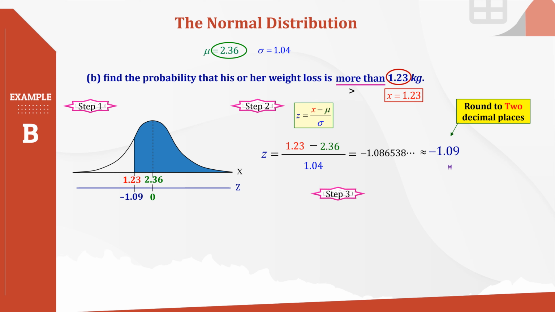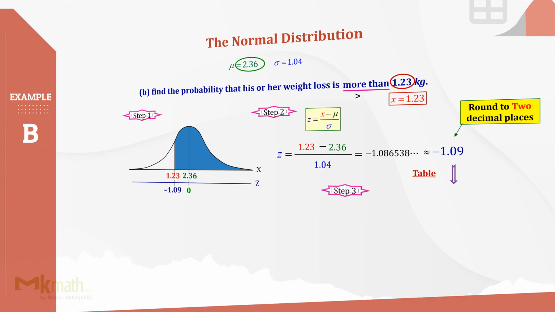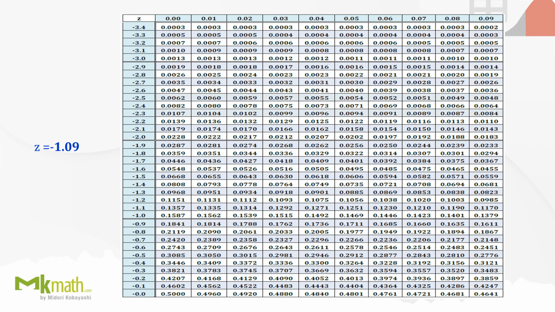Let's look up the z table using negative 1.09 to find the left cumulative area. We find the left cumulative area up to z-score negative 1.09. First, locate the first 2 digits of the z-score as negative 1.0, and then locate the second decimal place of 9 from the top row.